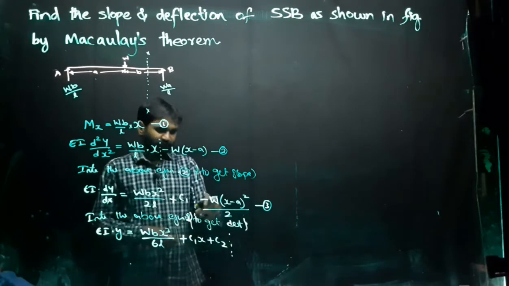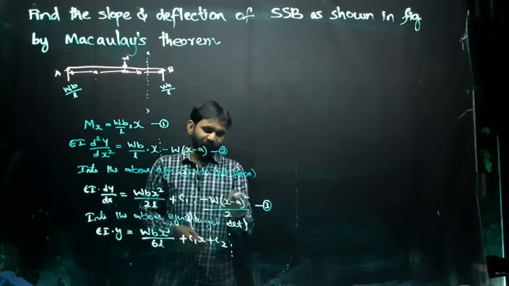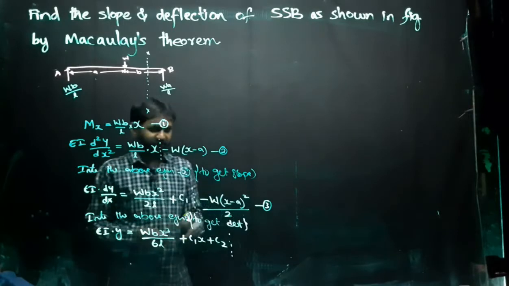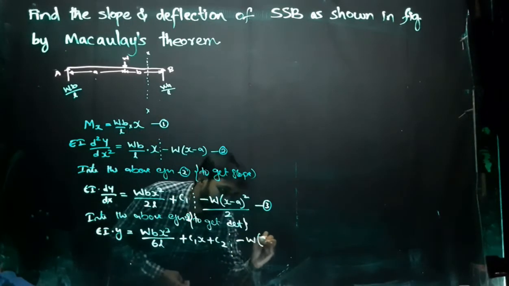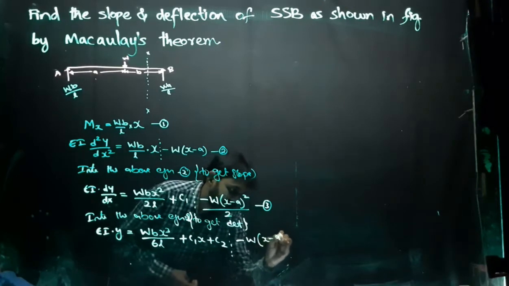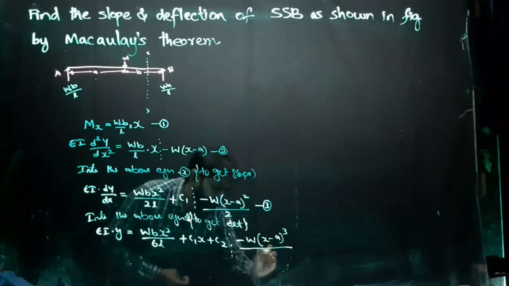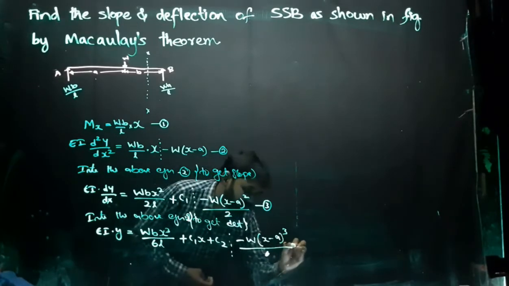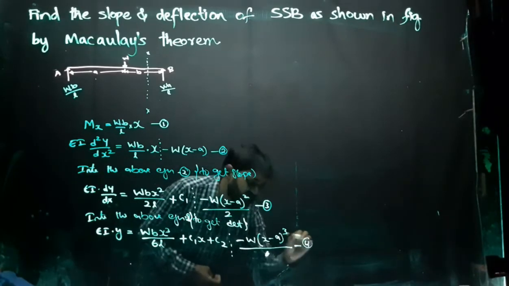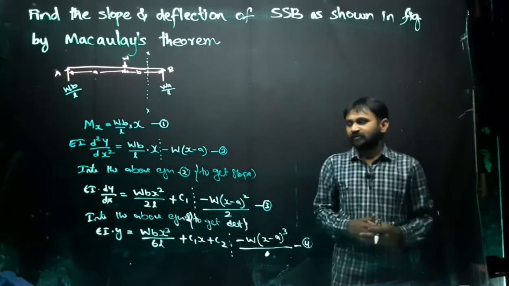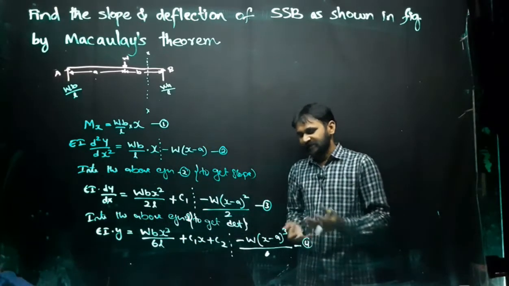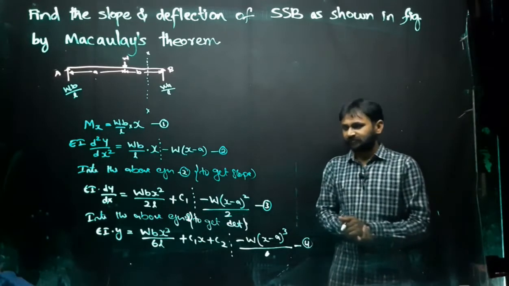Now minus W into x minus a whole square by 2, whose integration will be minus W into x minus a whole cube by 3 into 2, that is 6. This is equation number 4. Now I got slopes as well as deflections.